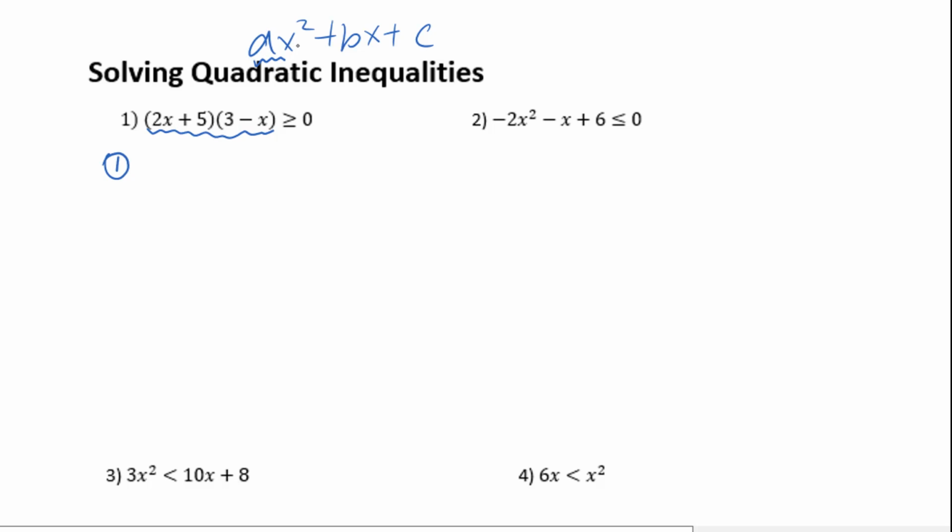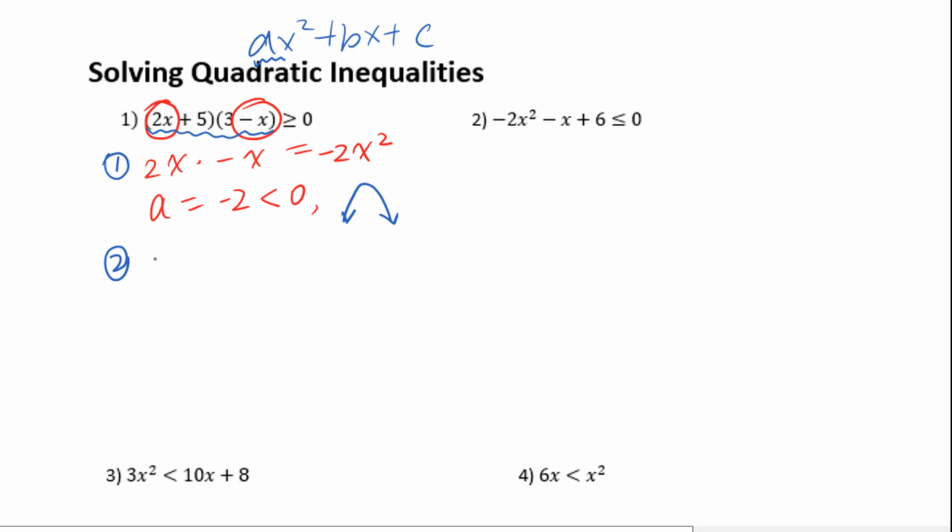We know the coefficient of x squared is a. Therefore, we will make this 2x times negative x. You will get negative 2x squared, which means a equals negative 2, less than 0, which means the graph will open down.